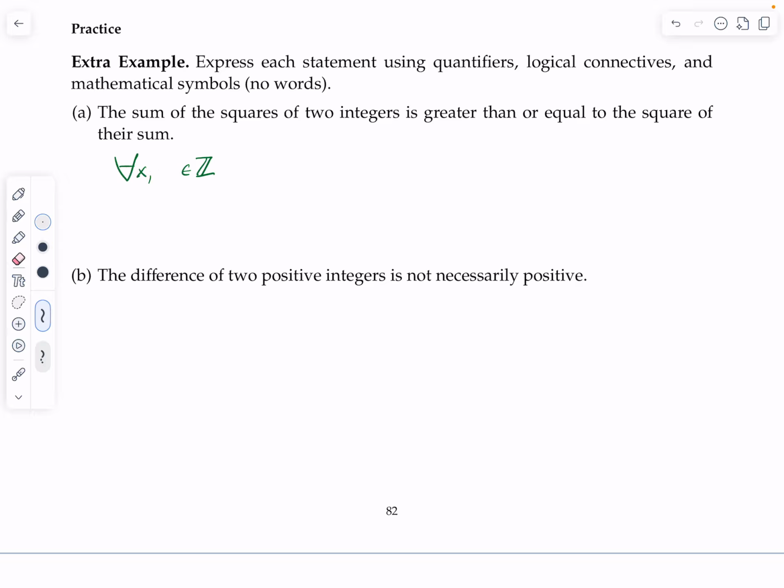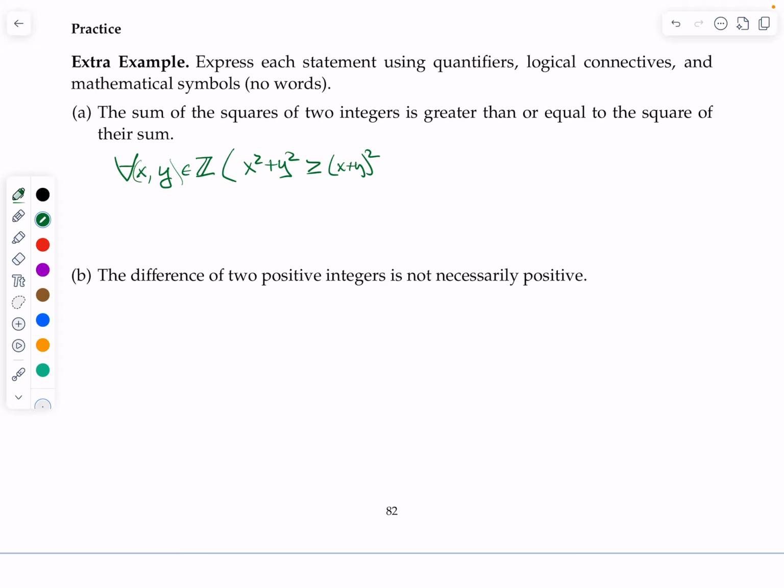As long as I have two integers, for every x that's an integer, for every y that's an integer, it is true that the sum of the squares, x squared plus y squared, is greater than or equal to (x plus y) squared. The sum of the squares of two integers is greater than or equal to the square of their sum.